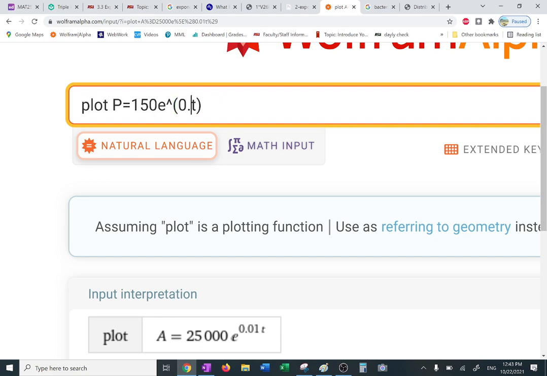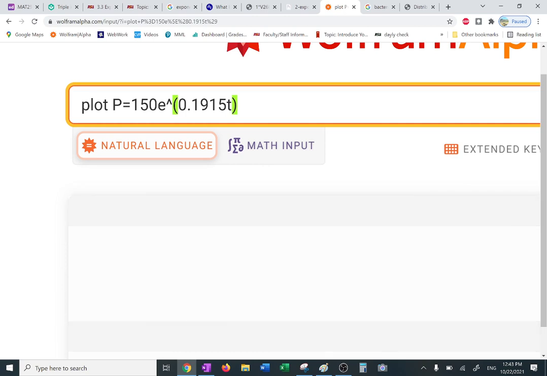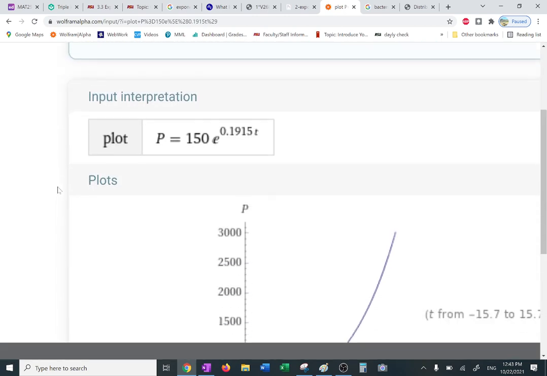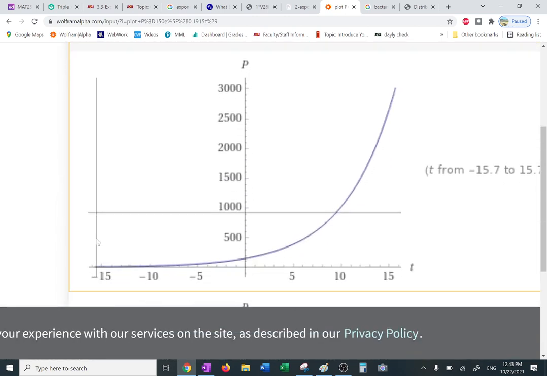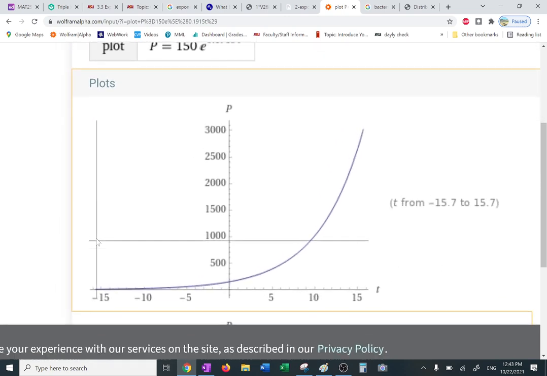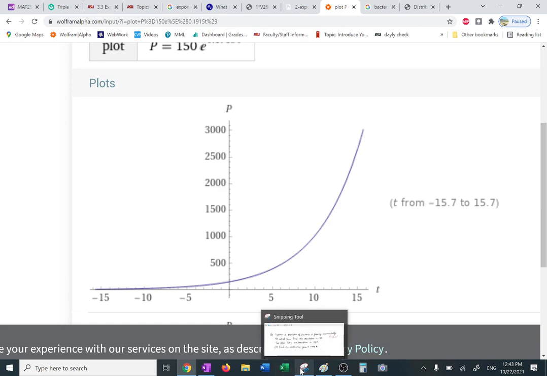What is it? 0.1915. When we plot it, it looks like this. Very typical graph, to be honest. You barely see the difference with the previous one. So what we found is that at 3, it's over here, the slope is positive, and when you plug the number 3 into the derivative, into the slope, you will get 51.